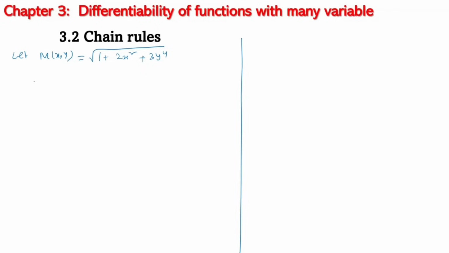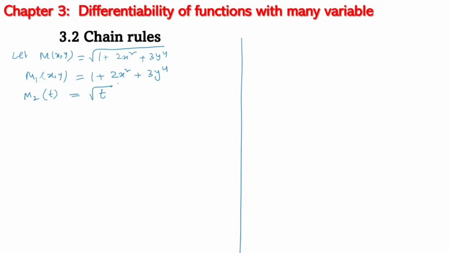So in this case, we take another two functions, m1 of xy is equal to 1 plus 2x square plus 3y to the power 4, and m2 of t is equal to square root of t.